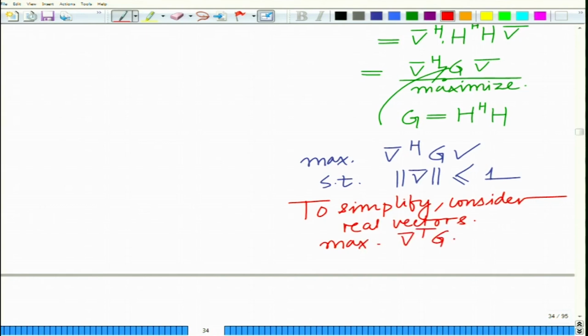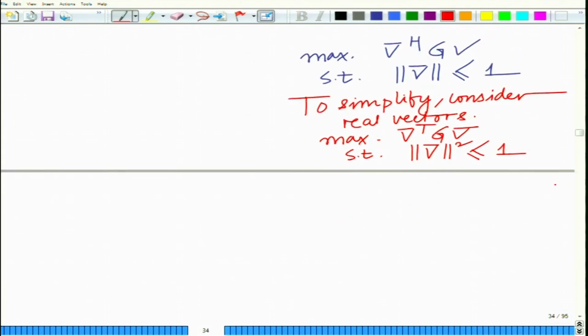So, this becomes V bar transpose G V bar subject to the constraint norm V bar less than or equal to 1, or norm V bar square less than or equal to 1. Both these constraints are equivalent. And observe that interestingly, this is a non-convex problem.